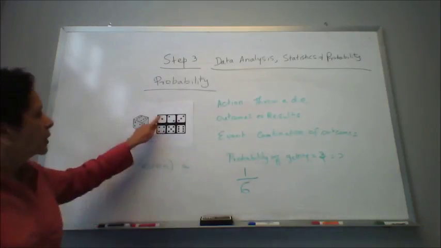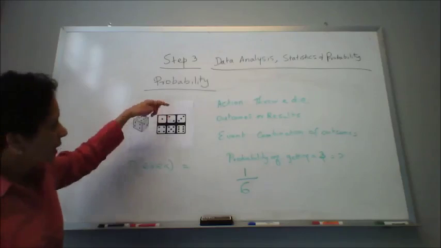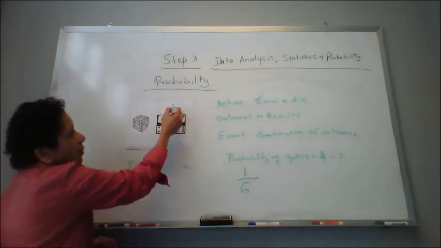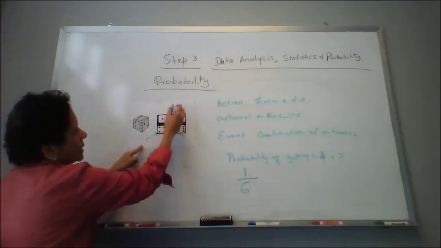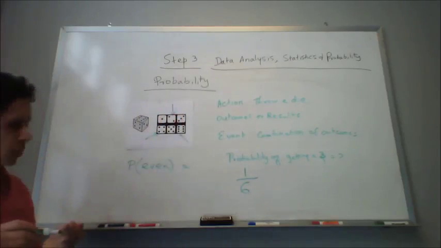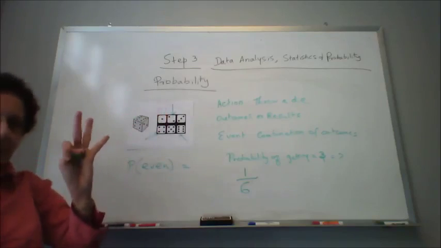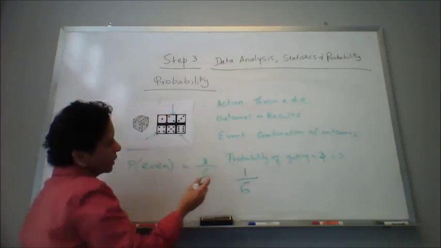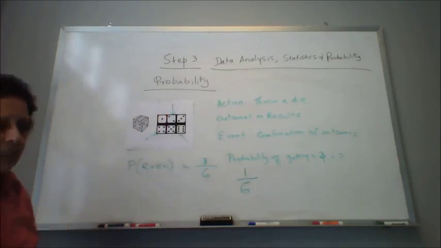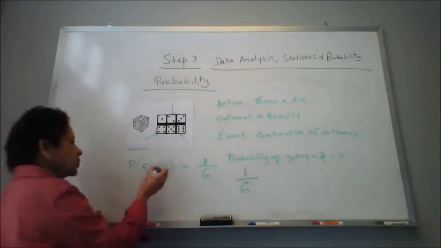So you know that either 1, 2, 3, 4, 5, or 6, even number means that either I get a 2, or I get a 4, or I get a 6, right? So common sense, you will say, either 2, 4, or 6. So there are 3 possible ways you can get that. So 3 out of 6. There are 3 even numbers, and then totally there are 6 possible numbers. So 3 out of 6.